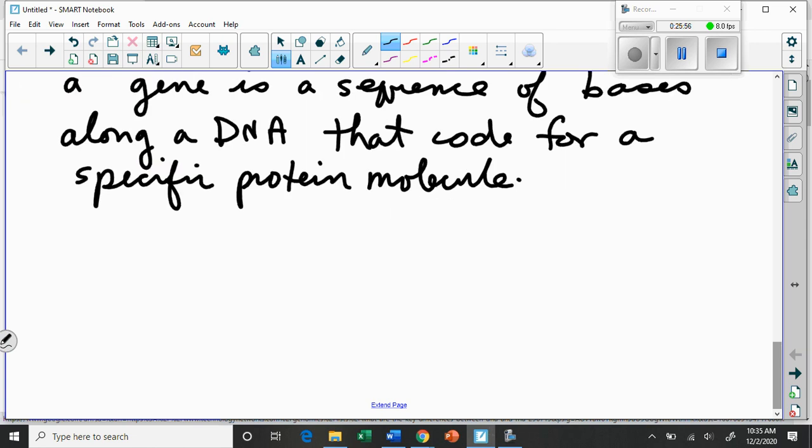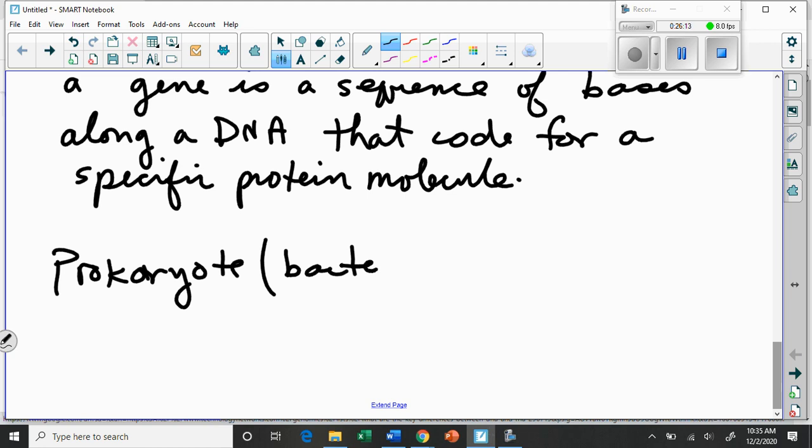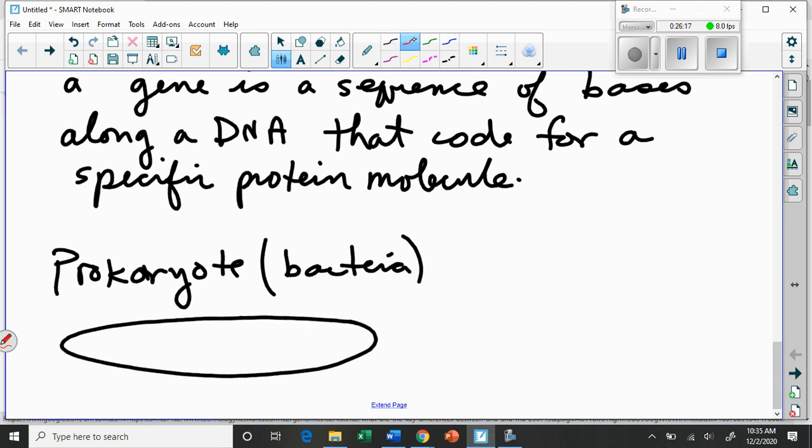Now, the DNA in eukaryotic cells is sort of specially packaged. If you're a bacteria, a prokaryote, let's put prokaryote here, like a bacteria cell. Inside the bacteria cell, the DNA is basically just kind of floating around in there. And it's often found in a ring structure, right?